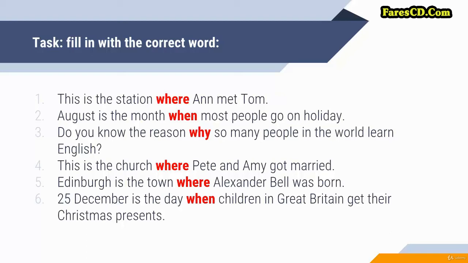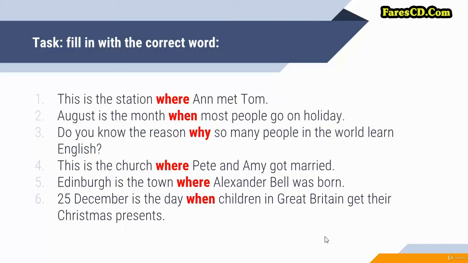This is the church, place, where Pete and Tammy got married. Edinburgh is the town, place, where Alexander Bell was born. The 25th of December is the day, time, when children in Great Britain get their Christmas presents.